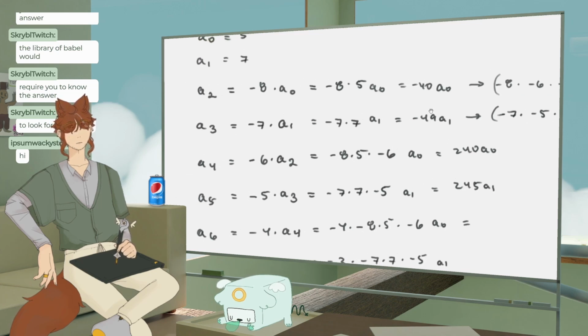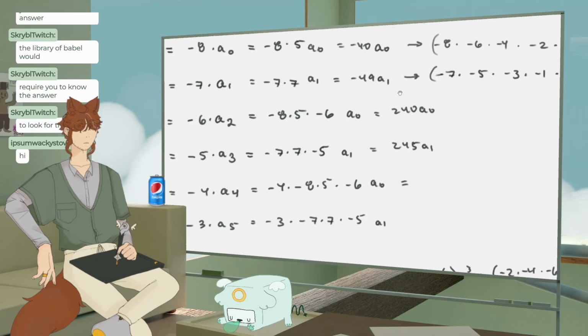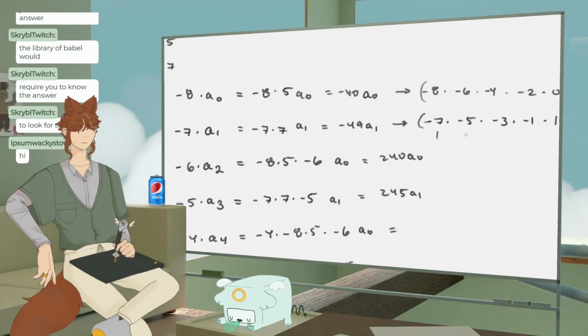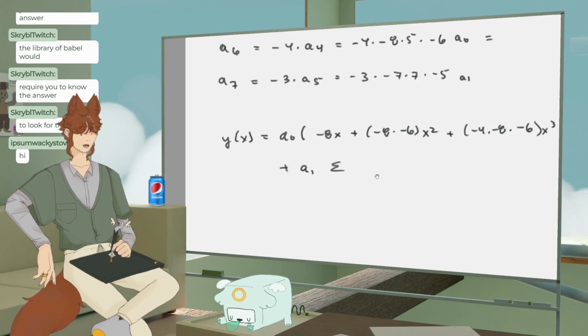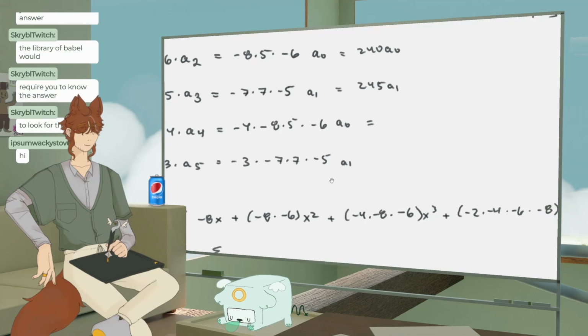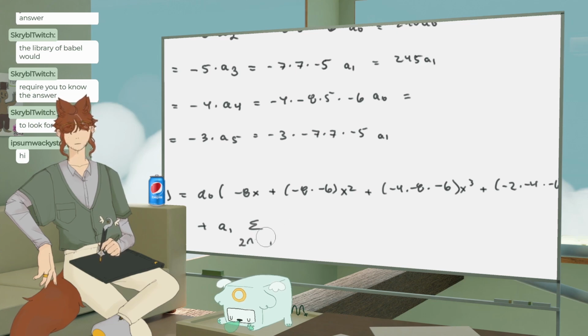For n is greater than... Where does that start? Let's see. So this is 3, 5, 7, 9, 11. N greater than or equal to 11 would be n factorial. Well, 2n, 2n.